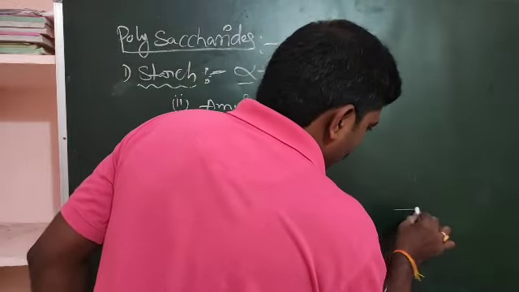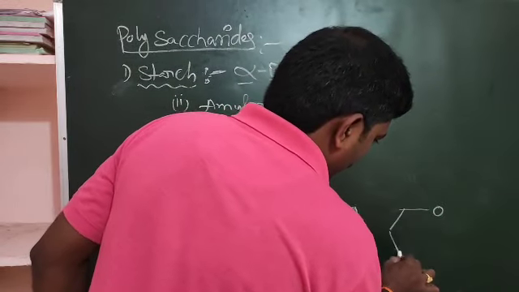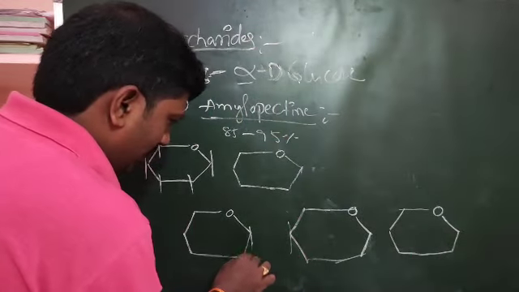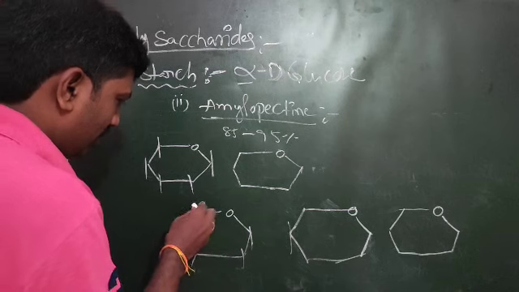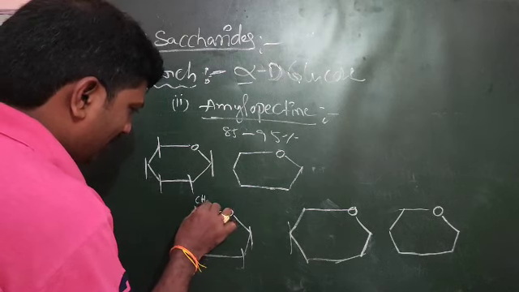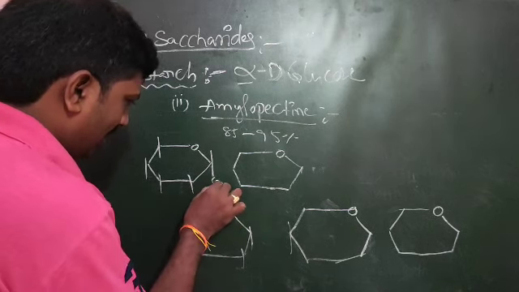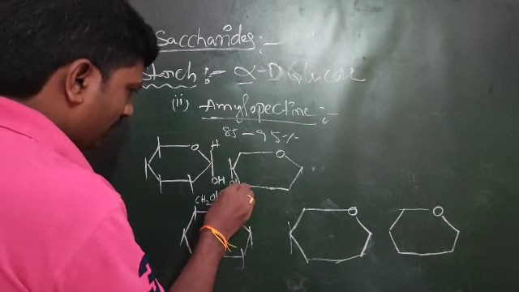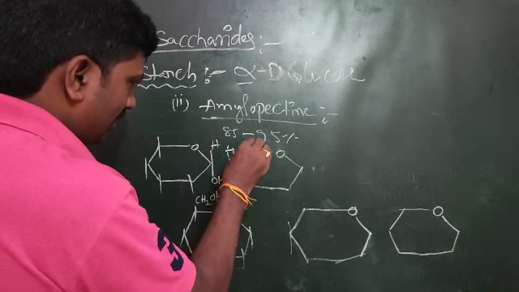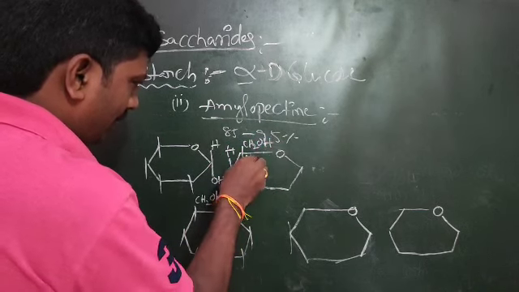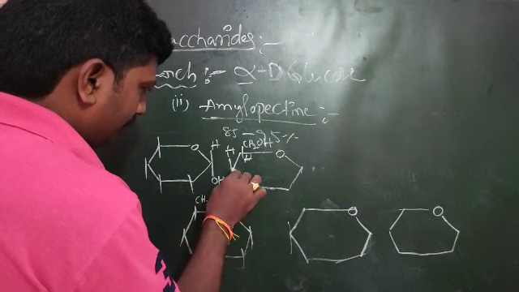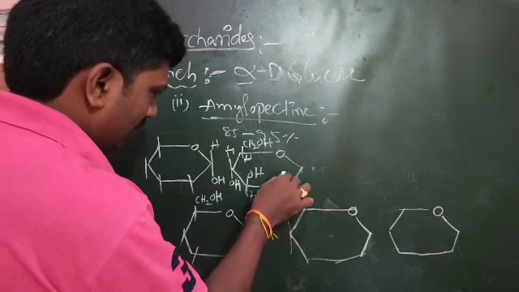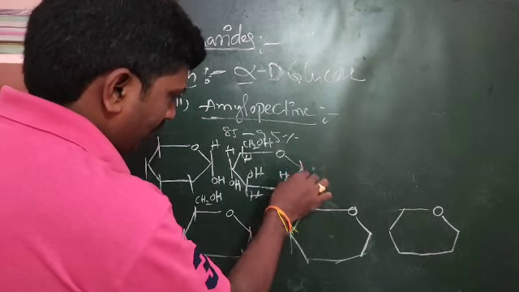Then here also I am writing one alpha D glucose like this. Here CH2OH, here OH, here H. Here also OH, here H, here CH2OH, here H, here OH, here H, here H, here OH.